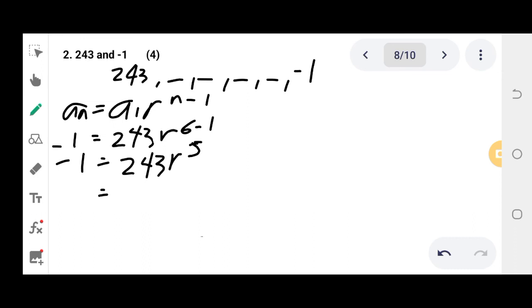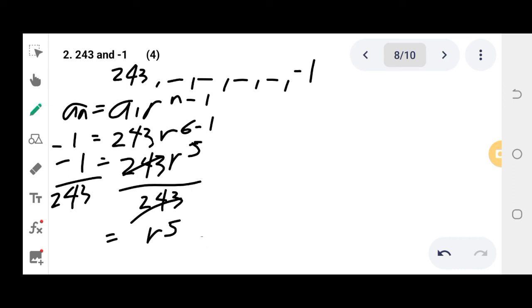So, eliminate po natin yung mga nakapaligid sa r para makuha natin yung value ng ating common ratio. So, dividing both sides by 243. So, cancel po. May iwan na lang po sa ating right side is r raised to 5. Habang dito sa kabila is negative 1 over 243.